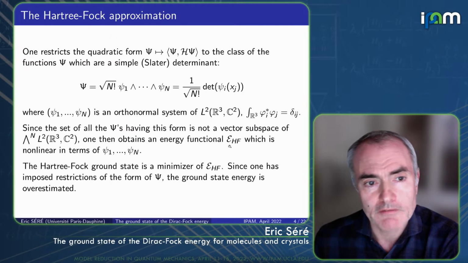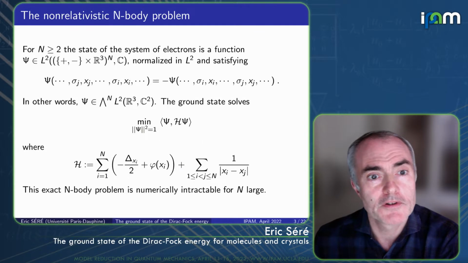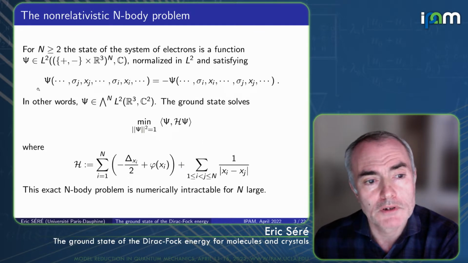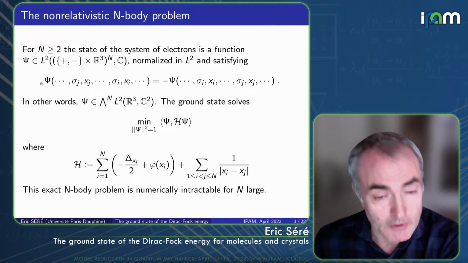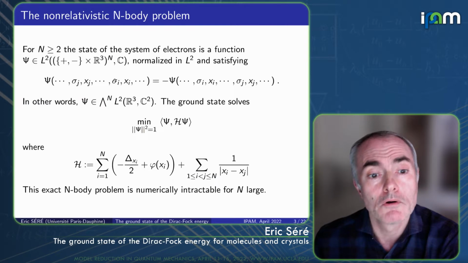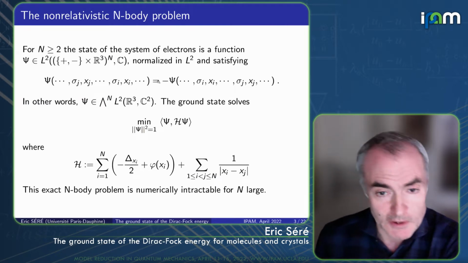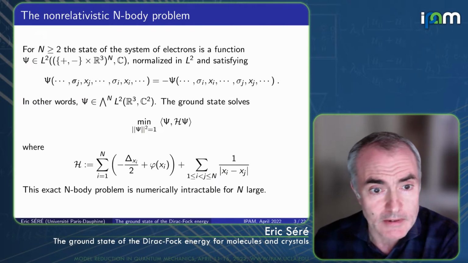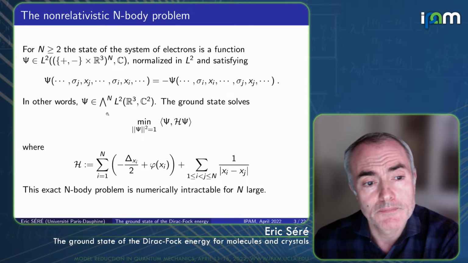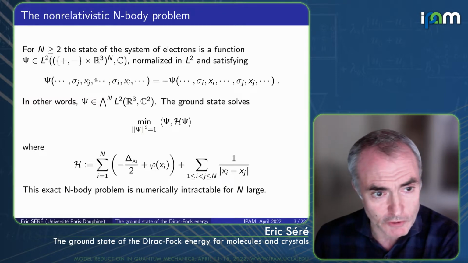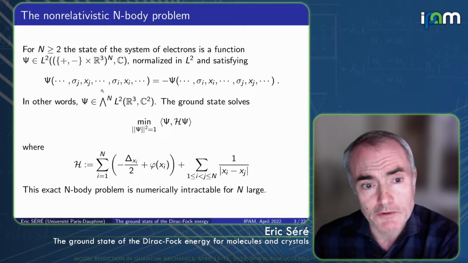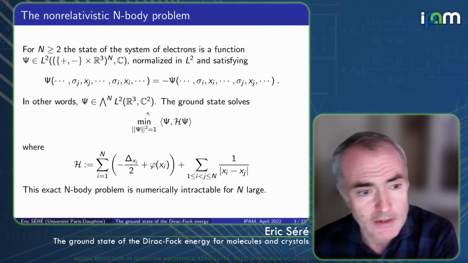Now if we have n electrons, the object we have to look at is a wave function depending on all the spin and space coordinates of our n electrons, and of course we have to impose an antisymmetry condition. If you exchange two electronic coordinates, you change the sign of psi.